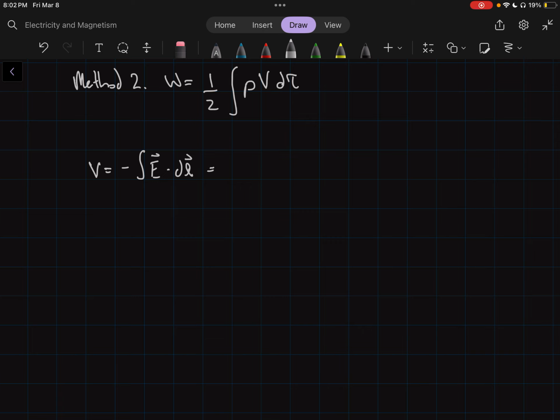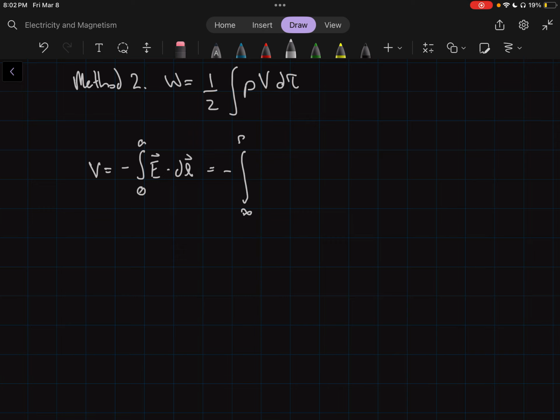And we can break this up into the two regions. So, working inwards from our reference point, this is from a reference point of infinity to some point, we'll say that's r, or I'll just say a for the general form. Break that up into two regions, outside the sphere and inside the sphere, because they do not have the same electric field.